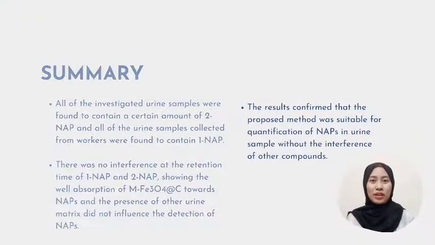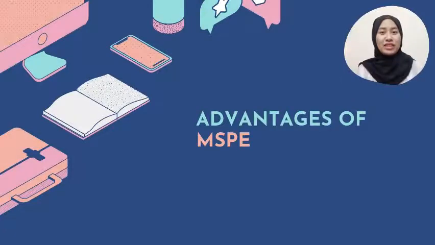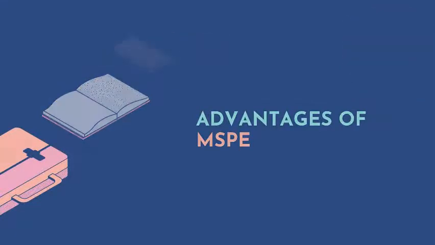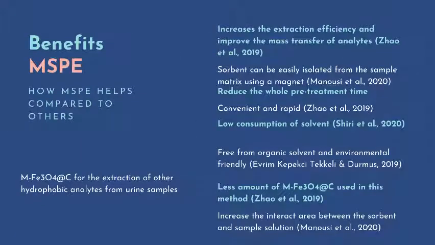Let's look at the advantages of MSPE. Magnetic solid phase extraction is very beneficial as this enhancement increases the extraction efficiency and improves the mass transfer of analytes, compared to solid phase extraction that needs much more delicate steps such as packing of sorbent materials into cartridge and column conditioning.